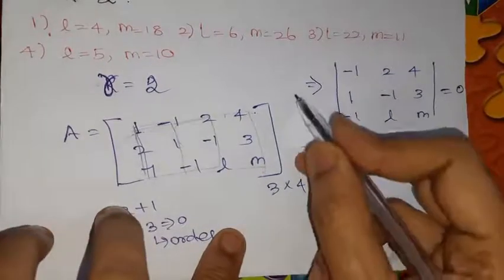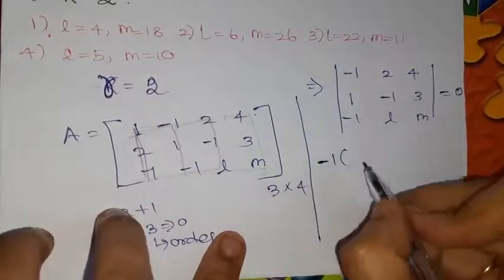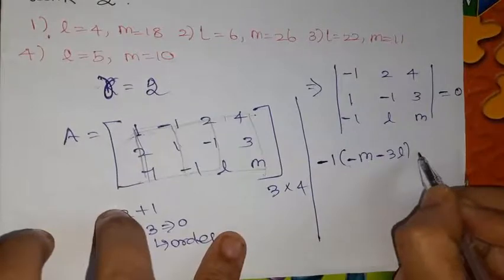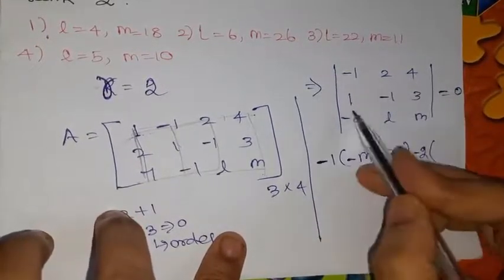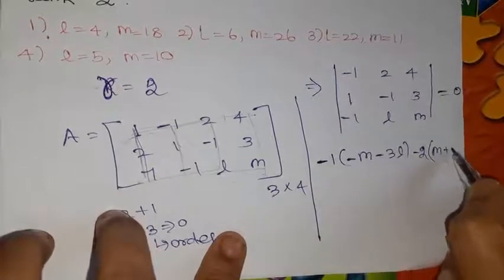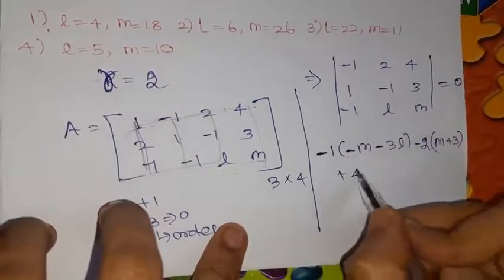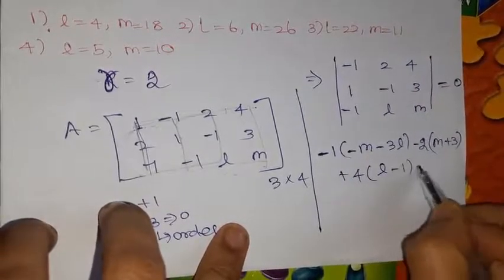Just expand the matrix, as we know: minus M minus 3L, then minus 2 into M plus 3, then plus 4 into L minus 1, equal to 0.